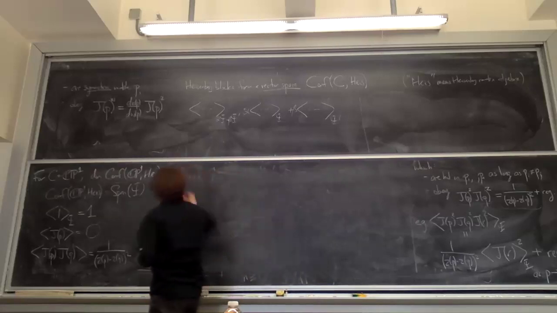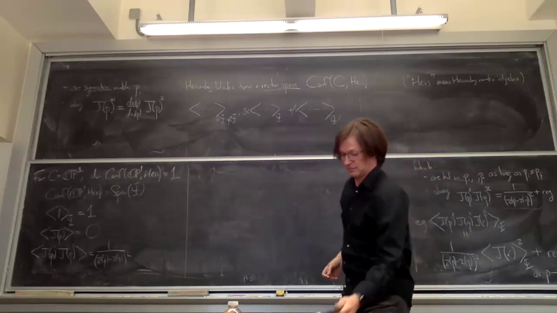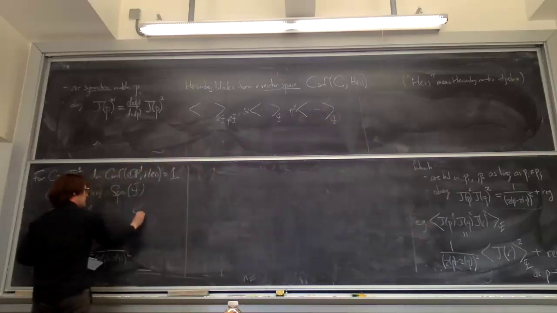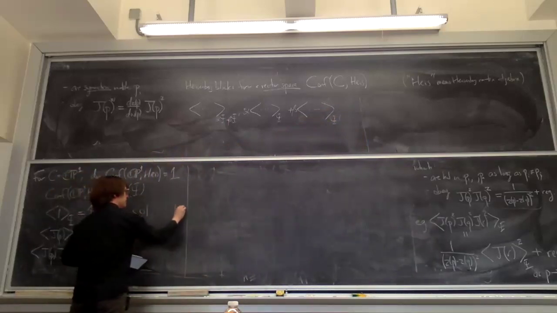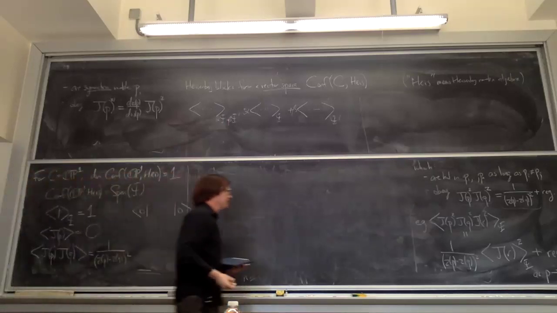Maybe a very naive question. Suppose, pretend it's like a sandwich between two vacuum states. But this should be a bilinear form. Why this linear side? Well, psi is just my definition.